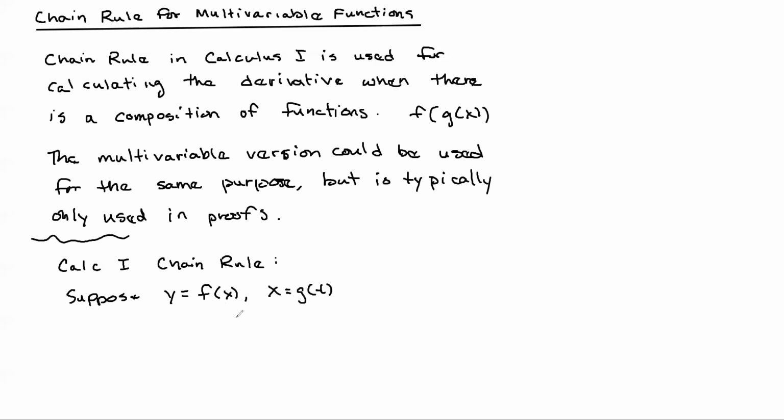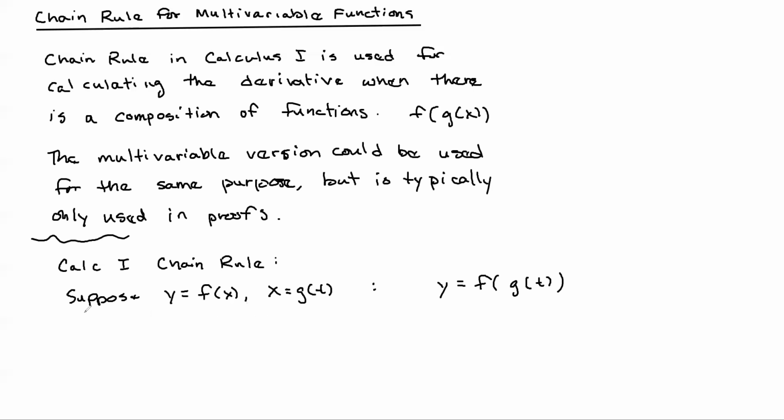So you have to have two functions in the Calc 1 definition for a chain rule. It's a composition, when two functions are composed in each other. If you took the second definition and plugged it into the first, you'd end up with y equals f of g of t. And you can see it does have the same format. The only difference here is I'm just using t instead of x inside. X is being used as the middle function.